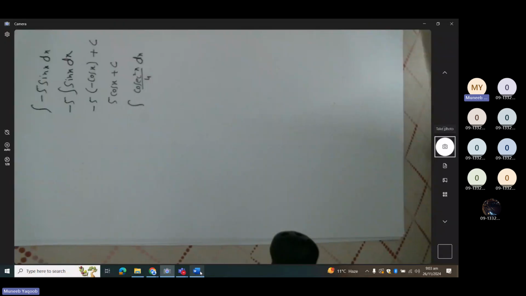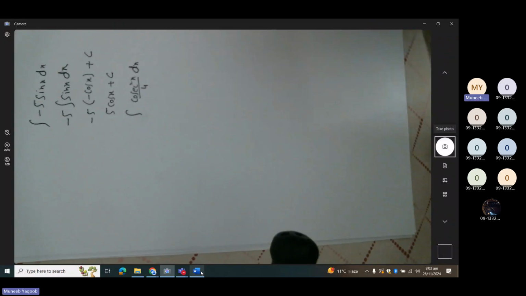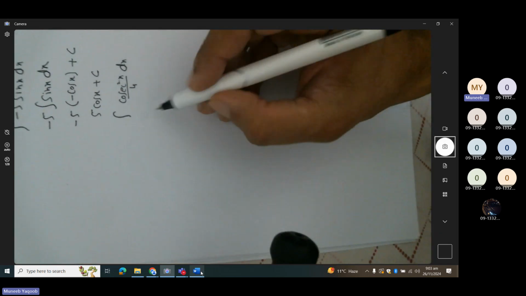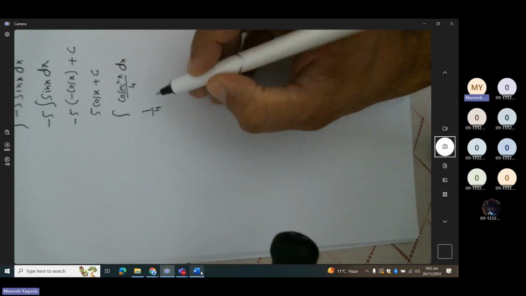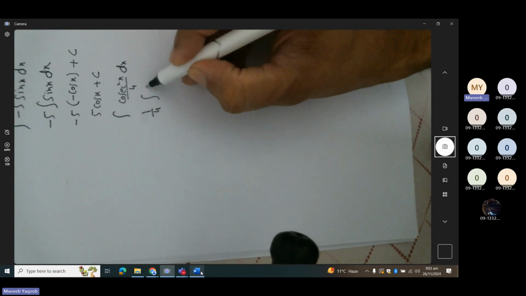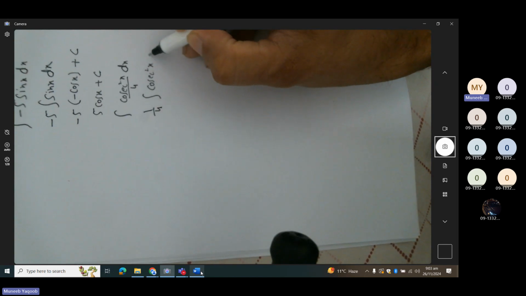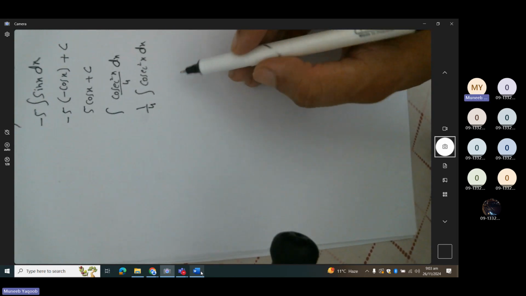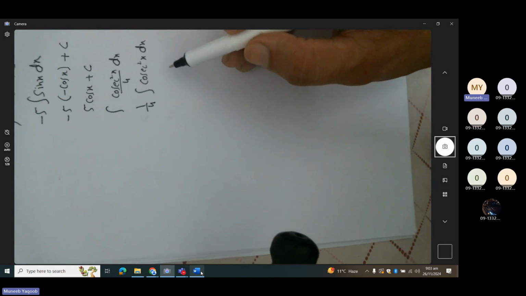So if we are to integrate cosecant square x upon 4 dx, then first of all, again, we will take this 1 upon 4 common, and hence it will become integral of cosecant square x dx. Now we know that the derivative of cot x is minus cosecant square x.